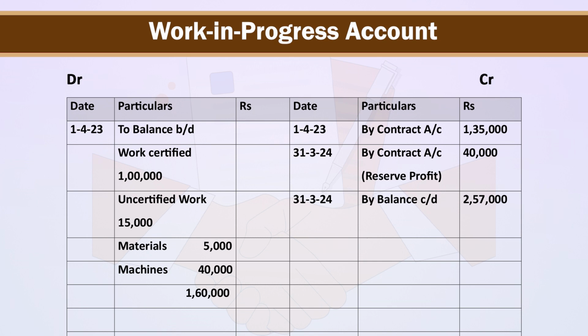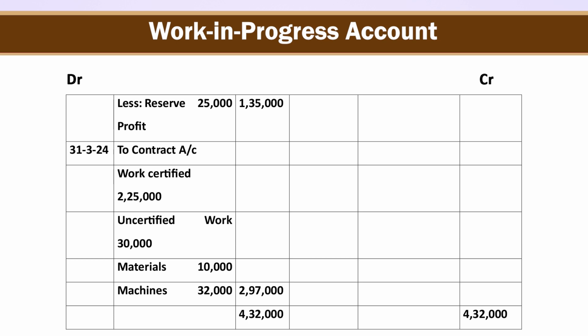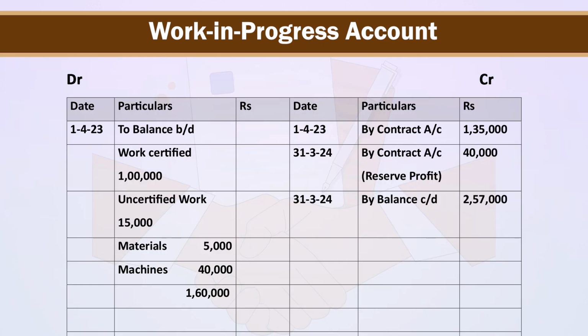On credit side, on 1st April by contract account rupees 1,35,000, on 31st March by contract account rupees 40,000, which is our reserve profit, as our total of debit side is greater than credit side. There is loss. 4,32,000 is the total of debit side, and therefore the balance of work in progress account is 2,57,000 as on 31st March 2024.